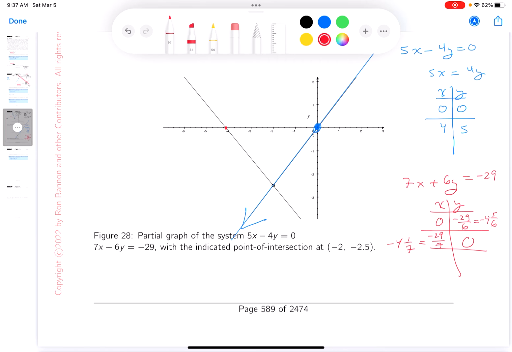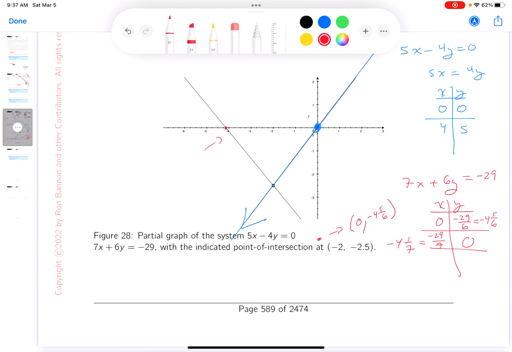And the other point, I have to ballpark a little bit. I'm going to say it's over here somewhere. Let me write that down for you. That's going to be minus 29. I'm sorry, I misspoke. It's 0, minus 4 and 5/6.